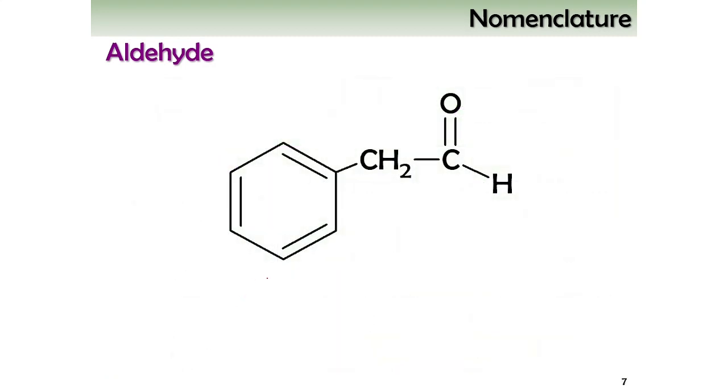Okay, so let's try to name this structure. Benzene will have the lower priority when you label the name for this one. So this will be the parent chain. Everything here will be the parent chain. As you can see, the carbonyl group is at carbon number 1, and this is carbon number 2. So it means this is actually ethanal.